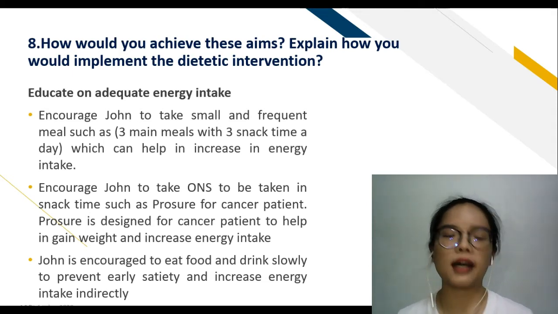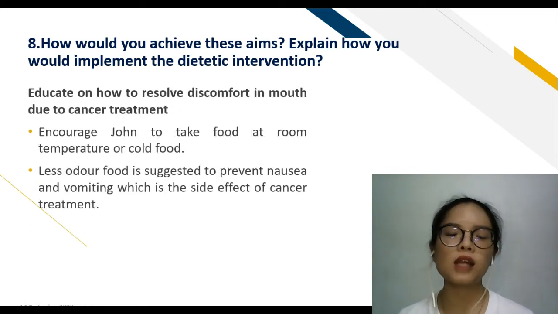John is also encouraged to eat food and drink slowly to prevent early satiety and to increase his energy intake indirectly. Second, to educate on how to resolve the discomfort in the mouth due to the cancer treatment.